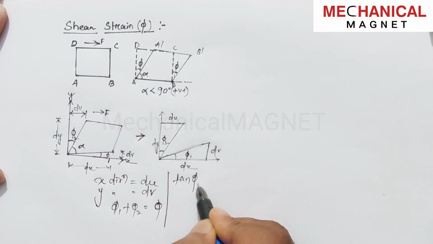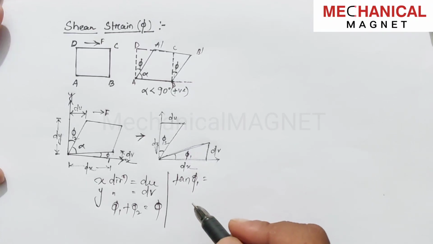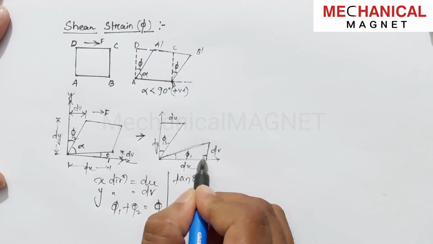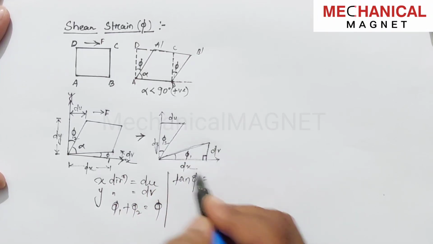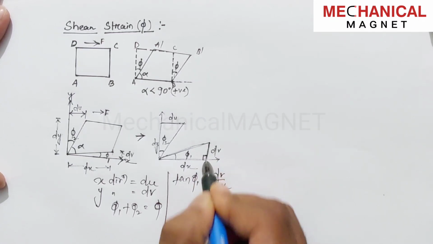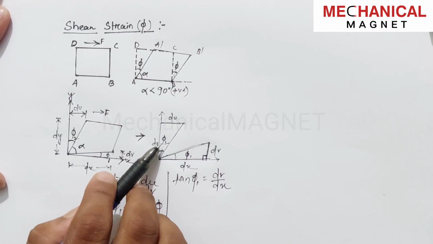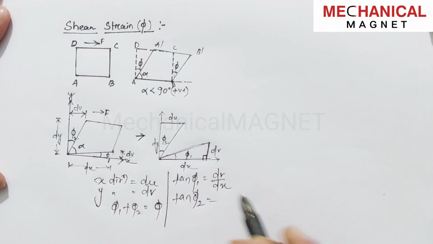We know that for a right angle triangle, and you can see this is a right angle triangle, tan phi 1 is dv by dx, meaning this side by this side. Again, tan phi 2 is equal to du by dy.